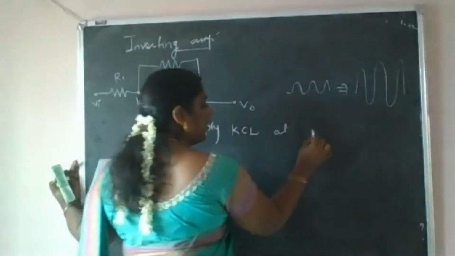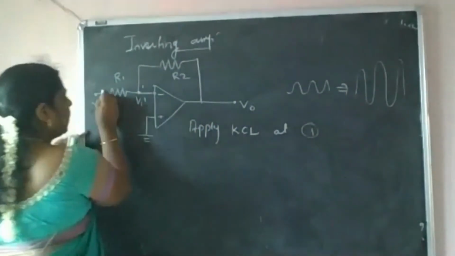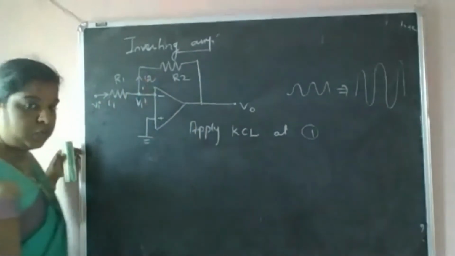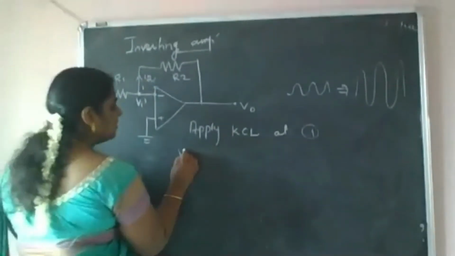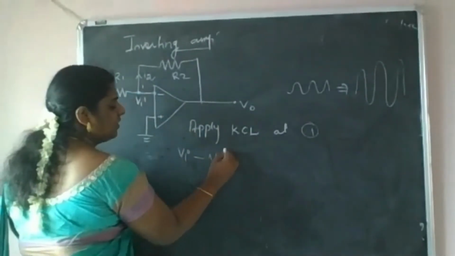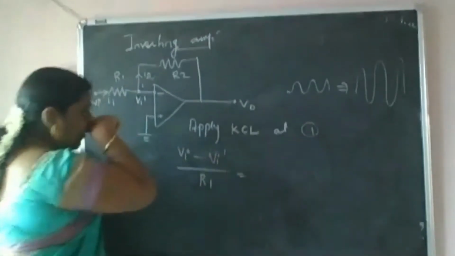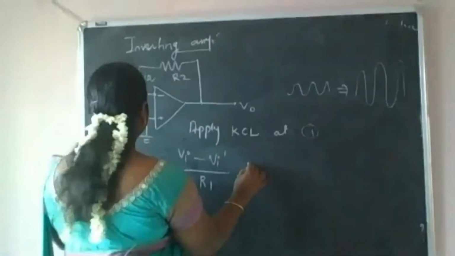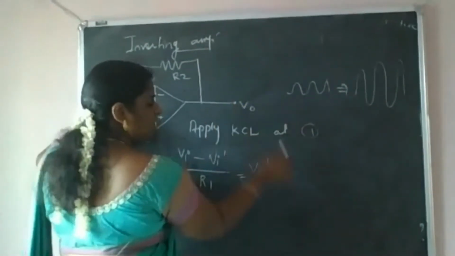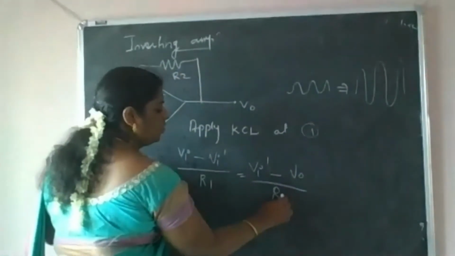We get entering current I1 is equal to leaving current I2. So the entering current is Vi minus Vi dash divided by R1, equal to the leaving current, Vi dash minus V0 divided by the resistance R2.